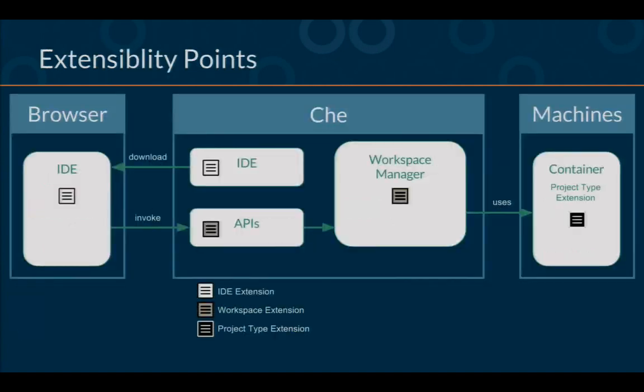With those extensions and plugins, there are three types of extensions that you can write. There's a single format, and when you write an extension, you write Java code, and I can give you a sample of what that looks like.